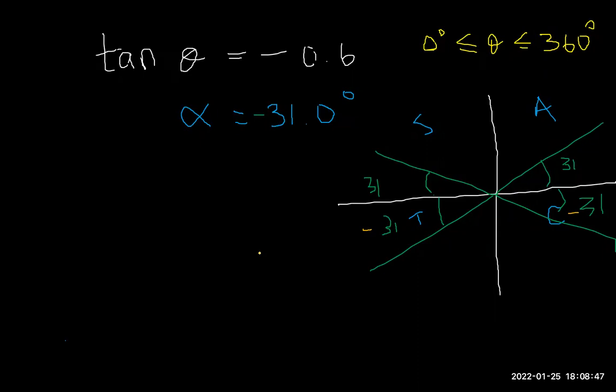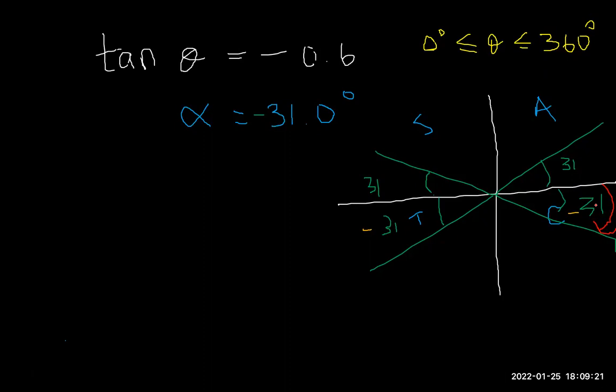Well, I told you positive angles are measured from the positive x-axis going anti-clockwise. But if I measure it clockwise, I would get 31 degrees, but it's negative 31 degrees. Why? Well, you see that negative sign?